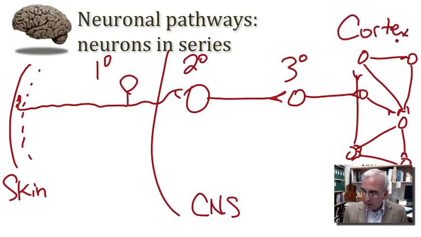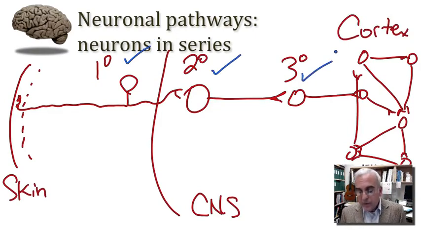So the neural pathway would be the first order neuron, the second order neuron, the third order neuron, and then once we get into our complex network that is being modulated by this ascending input, we sort of give up on our numbering scheme. So we'll see how that works.